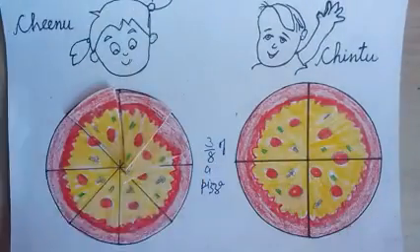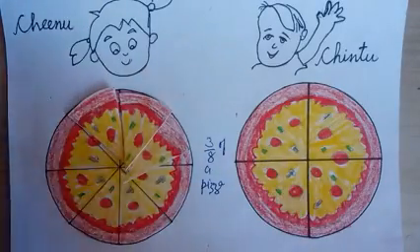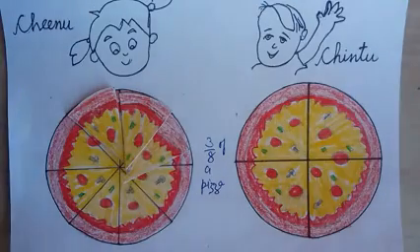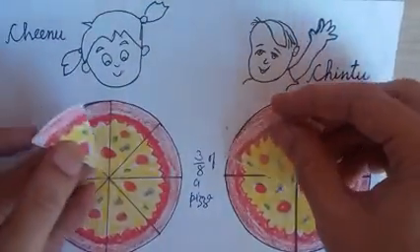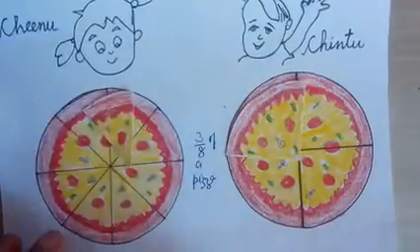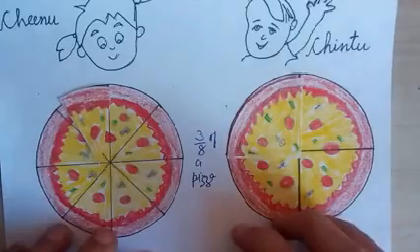Now, what is the moral of the story? Moral of the story is that maths helps us to analyze the situation more objectively. Dear students, observe that the size of the piece depends on the total number of parts into which the pizza has been divided.